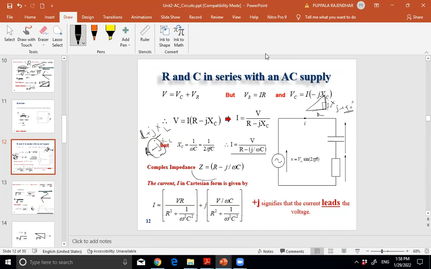And this is a complex impedance with minus j XC, where XC is equal to 1 by omega C.